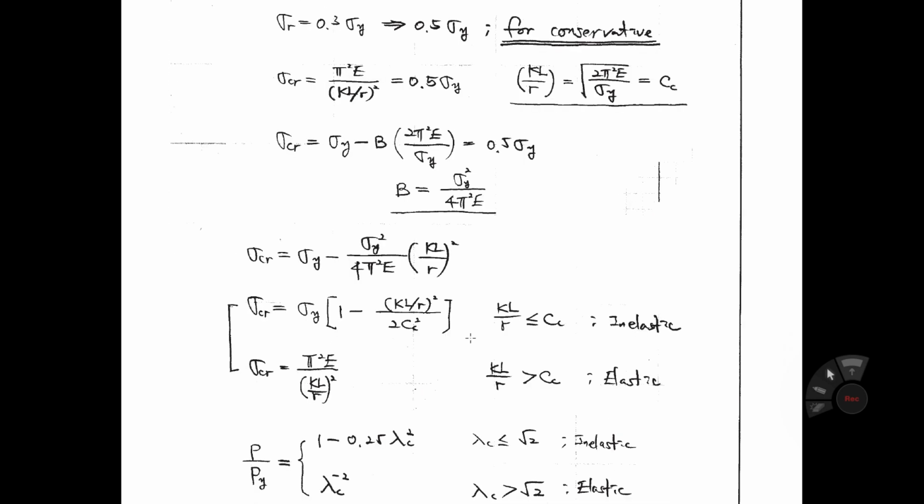If you use this CC, what is CC? This one, okay? Square root of 2 pi squared E over sigma y. So instead of this one, you can use this term. Then sigma CR equals sigma y times 1 minus (1 over 2 CC squared) times (KL over r) squared, like that. Do you understand? So it is the inelastic column region.